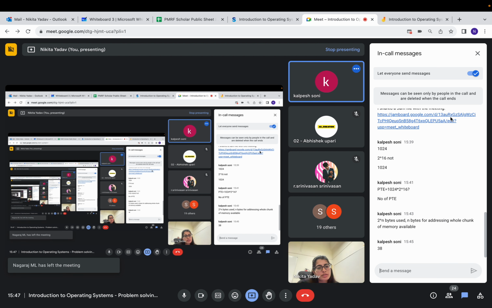And these 2 bits can also be used by indexed allocation. By? Ma'am, for example, if we have a 20-bit CPU, then it generates 20-bit data, and we have 9-bit registers for storing the data.